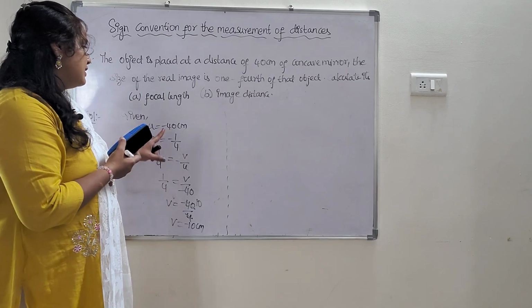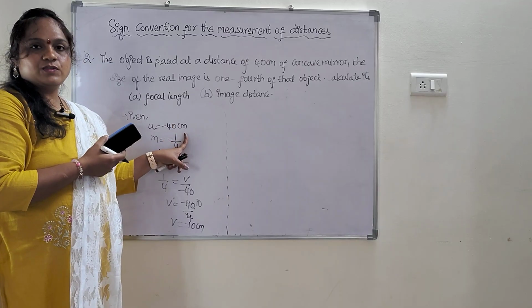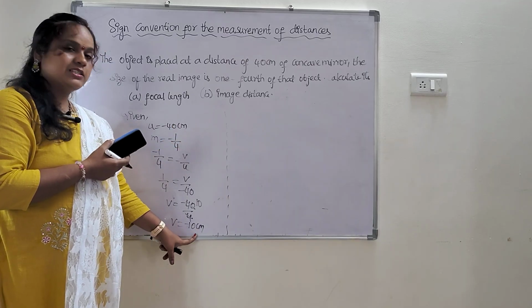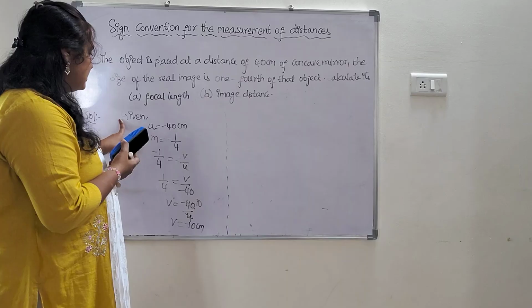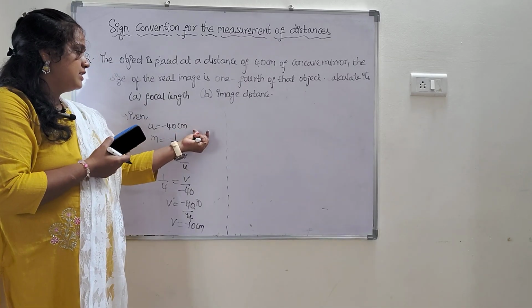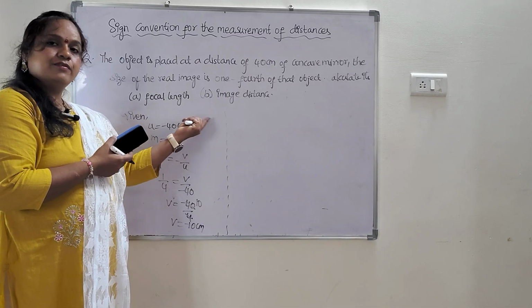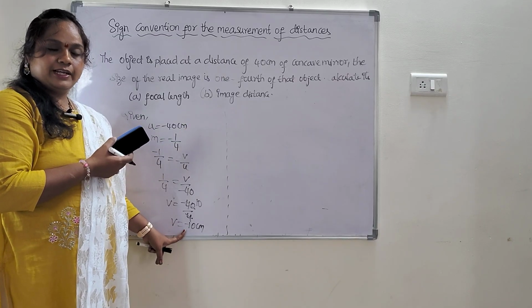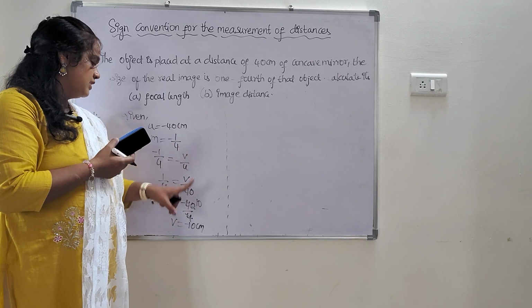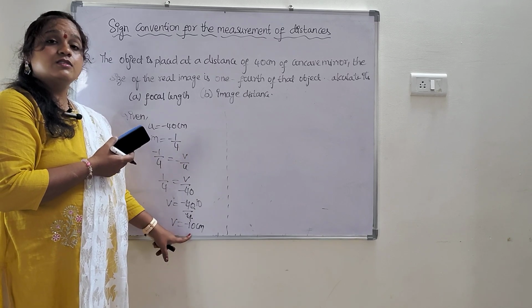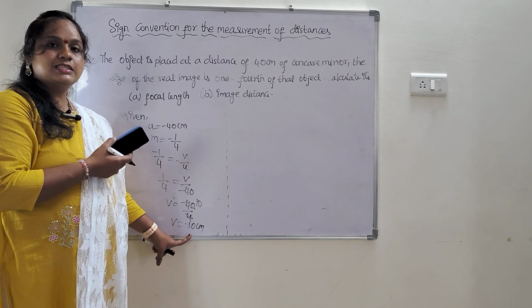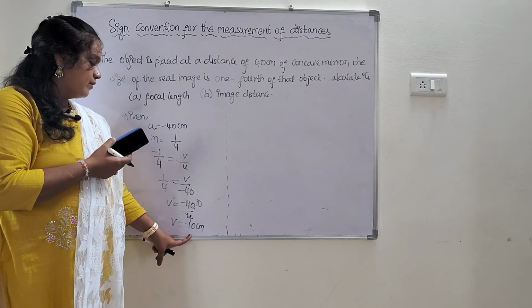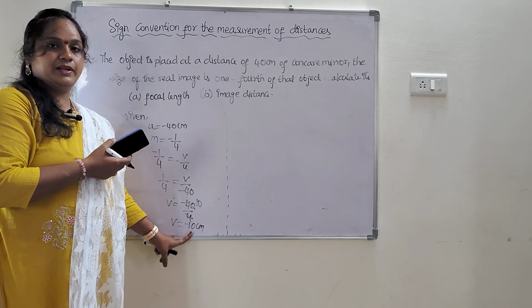How, madam? See, here object distance is -40 centimeter and v is equal to -10 centimeter. That means the image is going to form in front of the mirror only. Negative means it is real and inverted. But compared to the object distance, image distance is less, so we can say that the image is diminished. So the nature of the image is real, inverted and diminished.